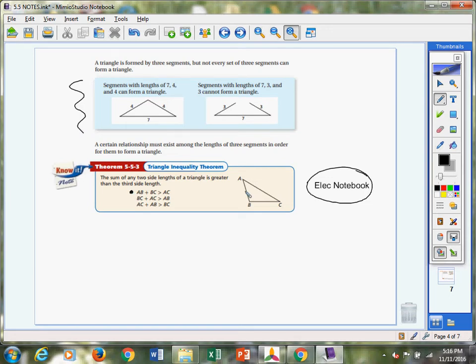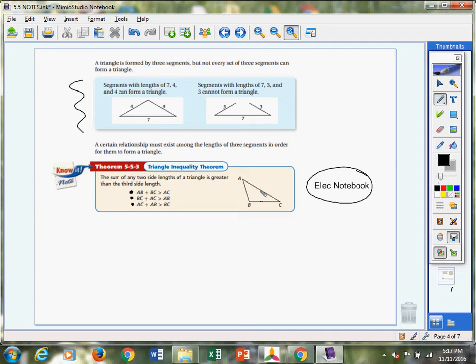AB, which is right here, plus BC. Those 2 sides should be bigger than AC. Okay, so that's one statement. Let's look at the next one. BC and AC, those 2 together should be bigger than AB. And then here's the last one.